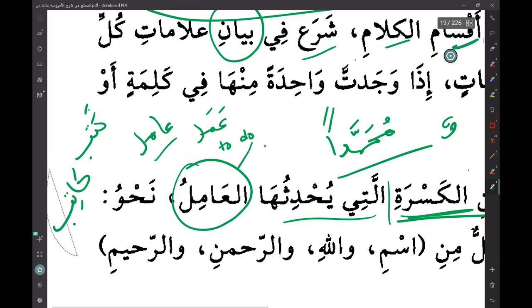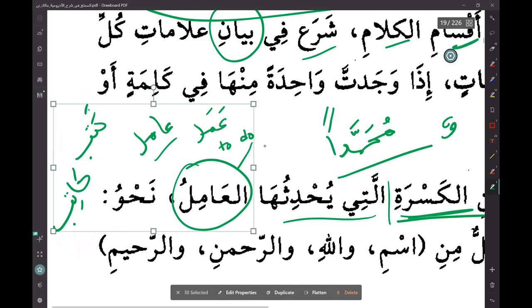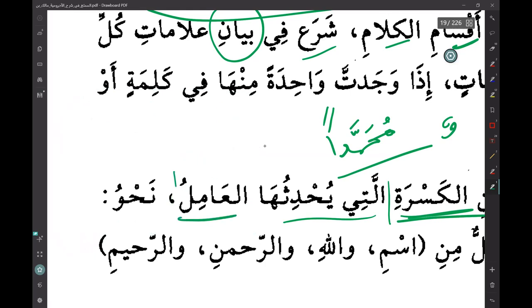So you have amala, which is to do, and amel is the doer. But the way the word amel is used technically is as something active, a worker, something that affects the grammar of a word or the sentence.